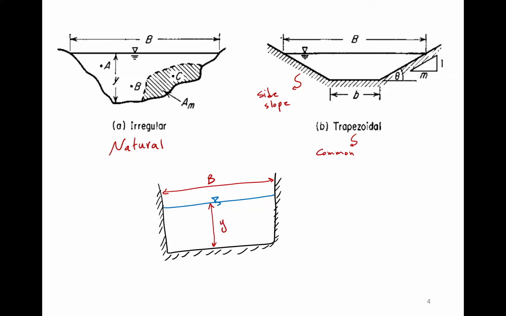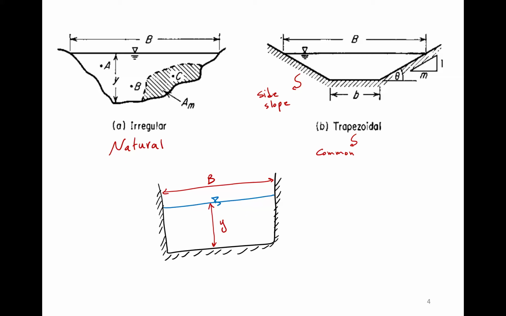Now, if you look at the trapezoidal channel, we have the invert, the width at the bottom of the channel, small b. We have the width at the top of the channel, capital B. We have the side slope. Side slope is typically written in different forms, sometimes as the angle theta, but very common is horizontal to vertical distance, m to 1.